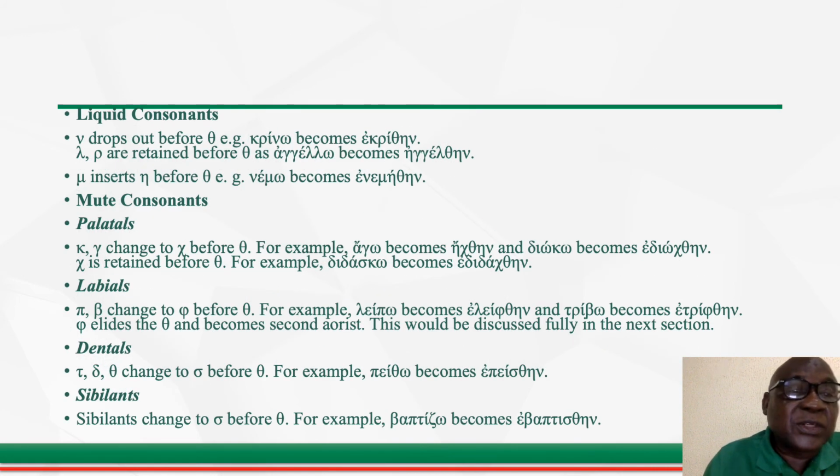In the liquid consonants, nu will drop out before theta, so krino will become ekrithen. Lambda and rho are retained before theta, so angello becomes egelthen. Mu inserts eta before theta, so meno becomes emenethen.